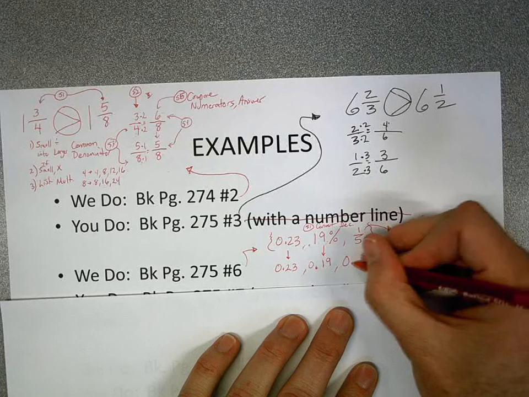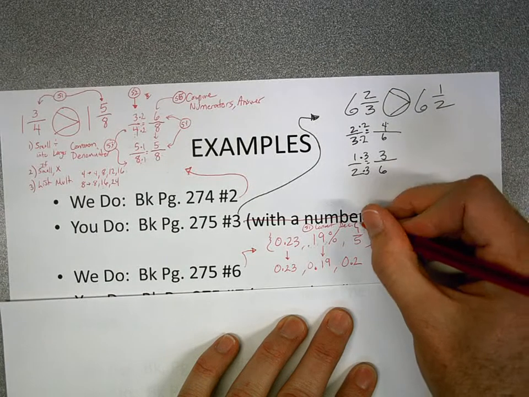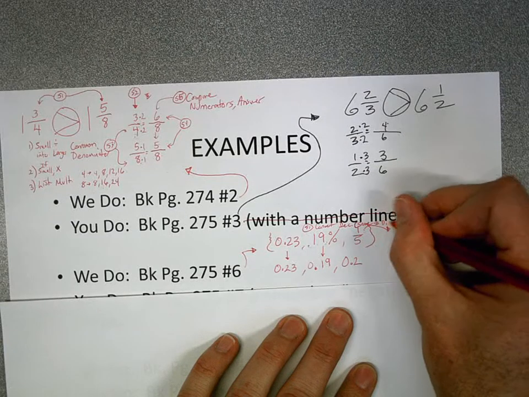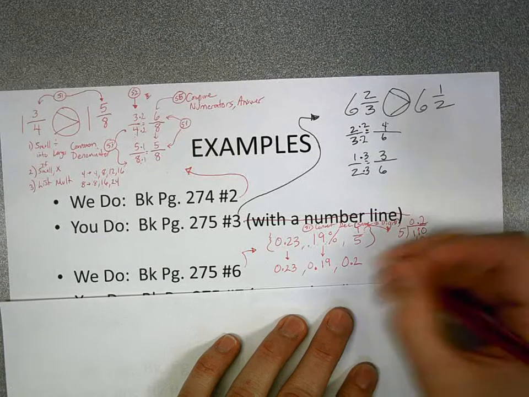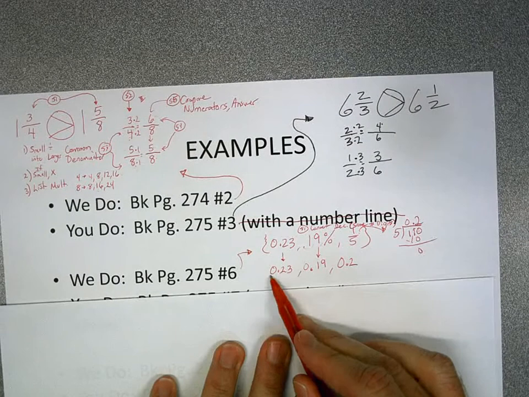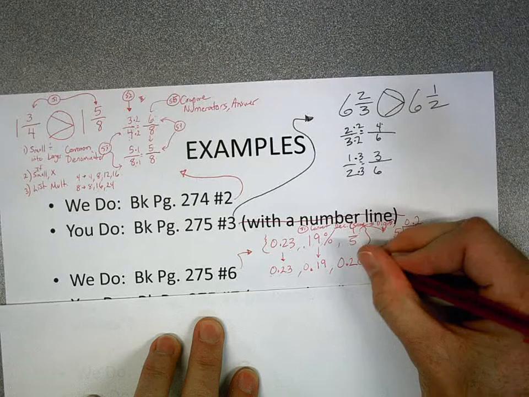Now, here's what I'm going to write down in your notes: make sure they have the same number of digits. Because if you do that, then it's much more accurate or easier to compare. Take a look. If you count the 0, this has 3 digits, this has 3, this only has 2. So all I have to do is add a 0 behind it.